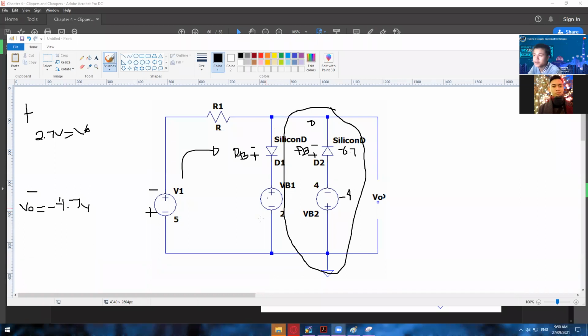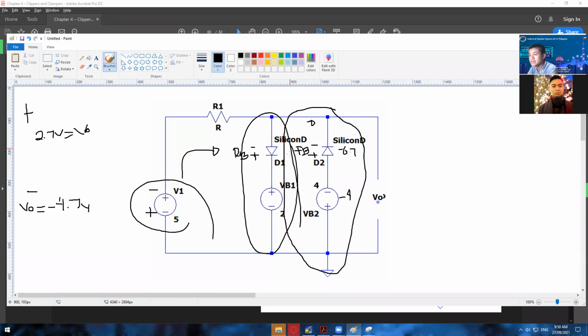Okay, so as you can see, the value of VI doesn't matter at all, as long as it is able to make your diodes a forward bias connection. So the reading of your voltage output depends on this bias voltage and your voltage threshold. During the positive half cycle, we have this reading, and during the negative half cycle, we have this reading.